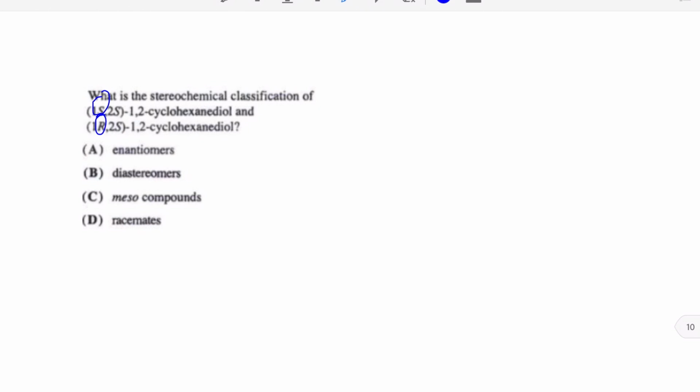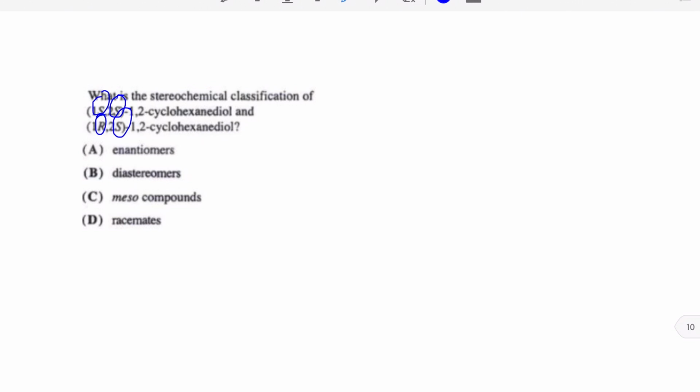For the second stereocenter, we find that the configurations are the same. There's an S here, and there's also an S here. So, based on our previous discussion, we know that this can't be a pair of enantiomers, because in a pair of enantiomers, there's always going to be a flip or a change in the orientation for all of the stereocenters.